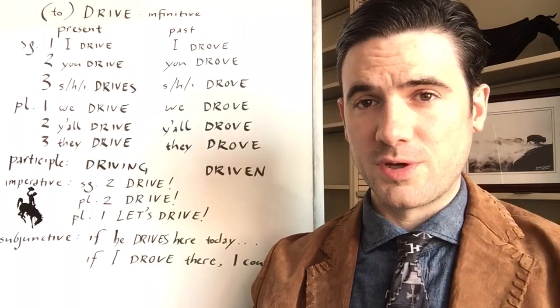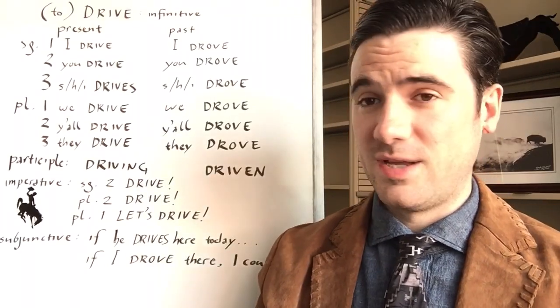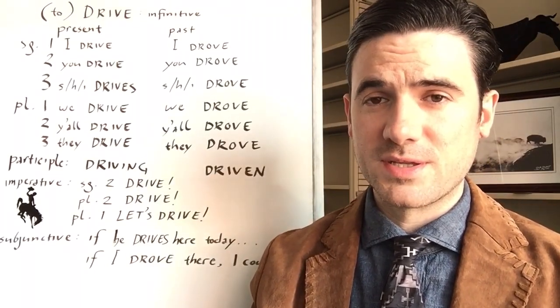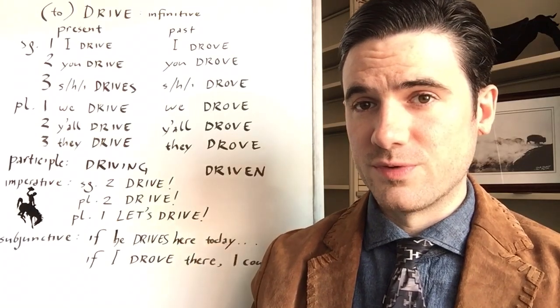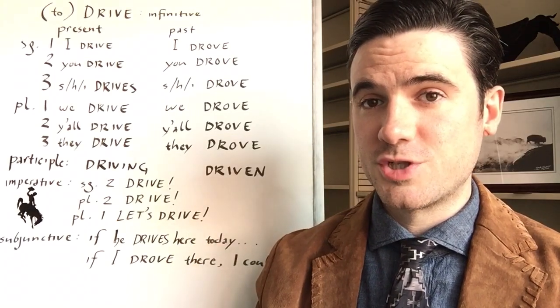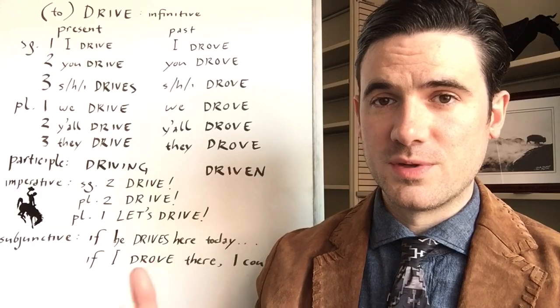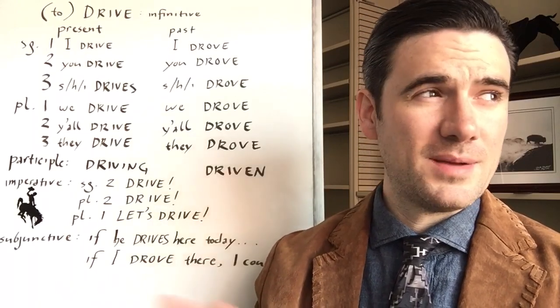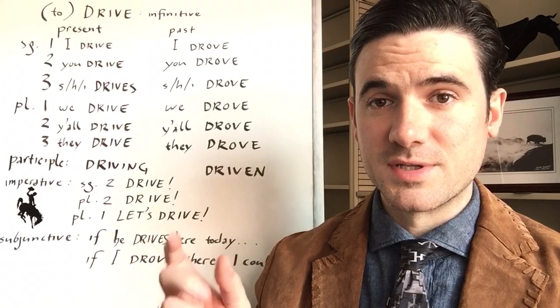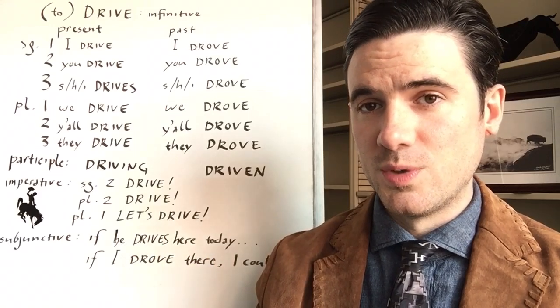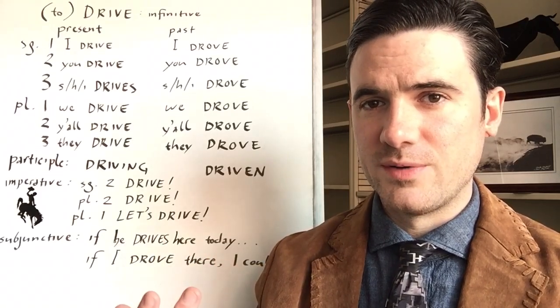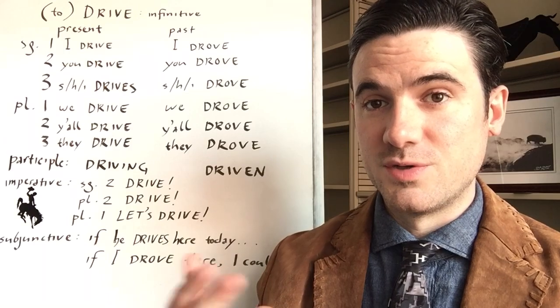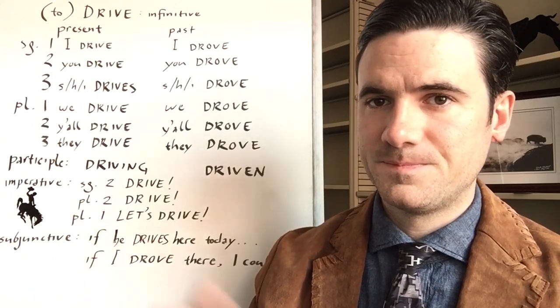So I will go, I will drive, I can drive, I should drive, something like that. It's the form that goes with those modal verbs like that. It's also the form that follows to in a question like to be or not to be. So to drive is a privilege, not a right, or something like that. You're using the infinitive with to, and the to almost makes it like a noun that can be used as the subject of a verb, right? To drive is a privilege.